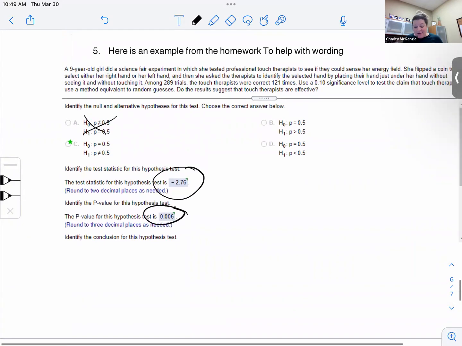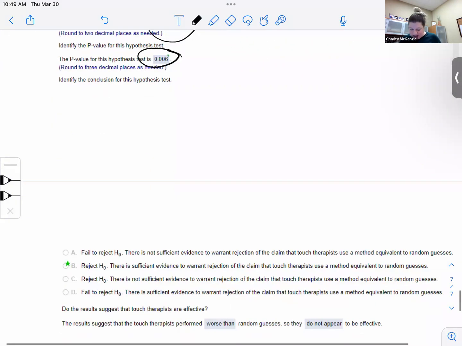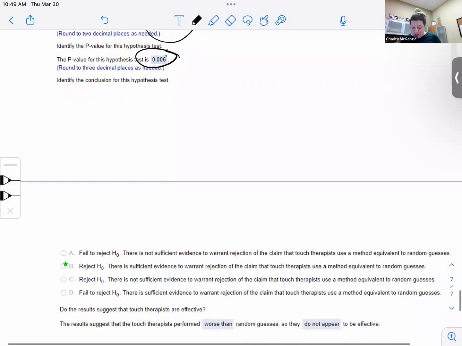That's kind of how your problems will be set up. We use StatCrunch after we find our hypothesis. We can get the test statistic and the p-value, and if the p is low, the null must go, which is this case. So you have evidence in favor of the alternative hypothesis. Okay, so we reject the null and keep going.